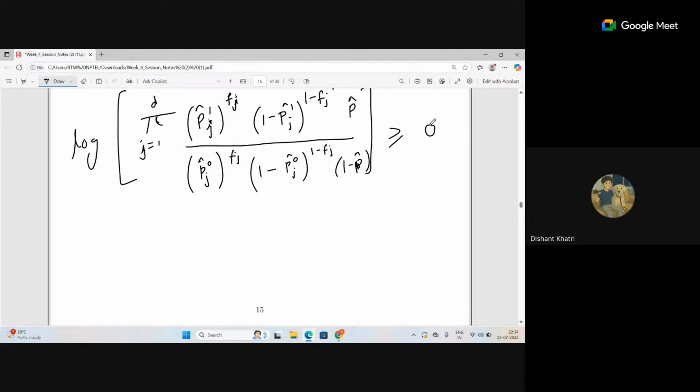It becomes a summation, right? And then what will be the summation? Let's say the summation will be the summation of fj, j equal to 1 to d. Let's say I think of these ratios together, all three ratios together. Is that okay?